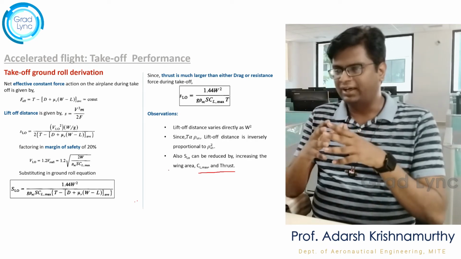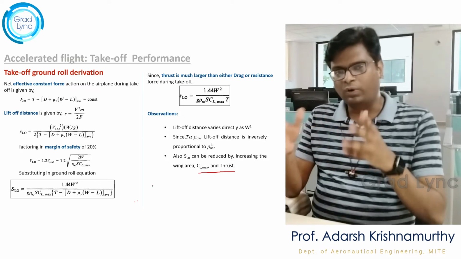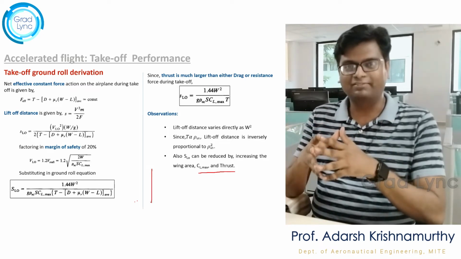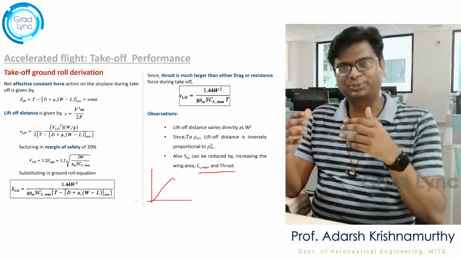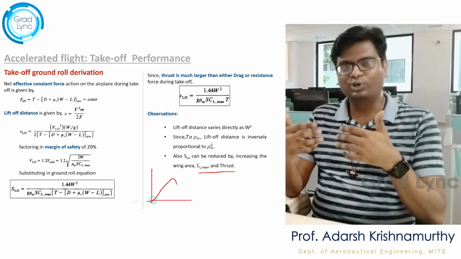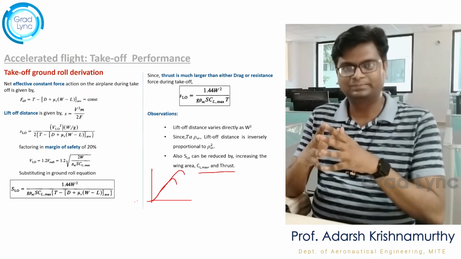Let's say, for example, how to change the coefficient of lift maximum value. One way is to deploy the high lift devices, right? The function of a high lift device is to give the additional coefficient of lift required during takeoff and landing.